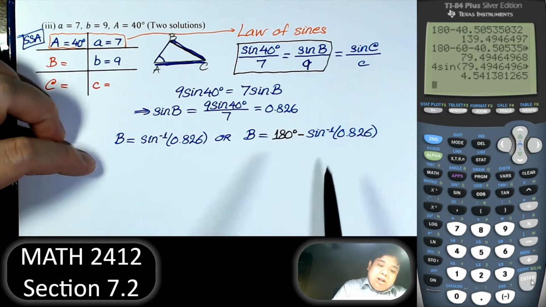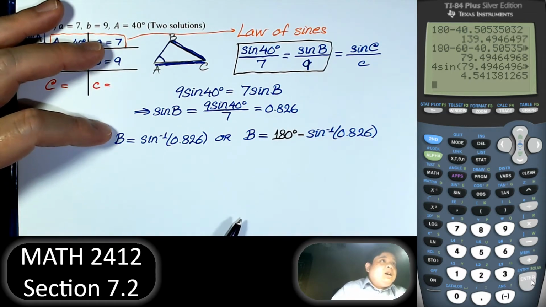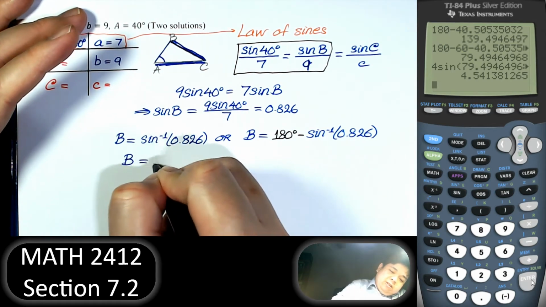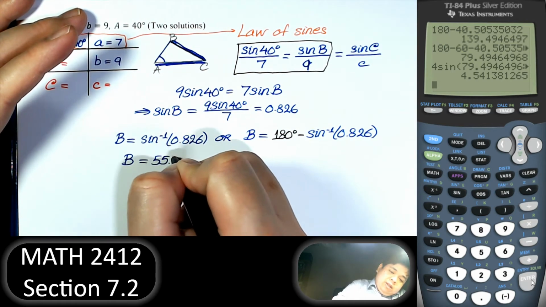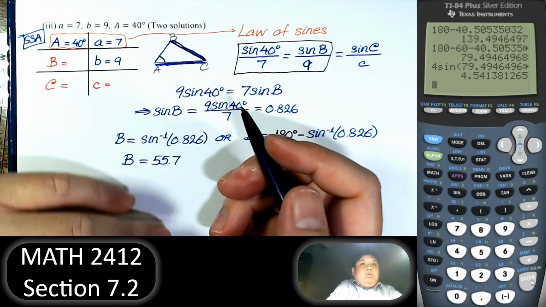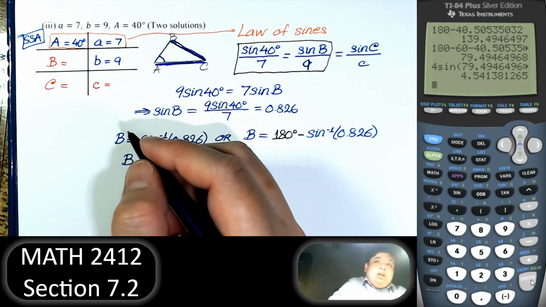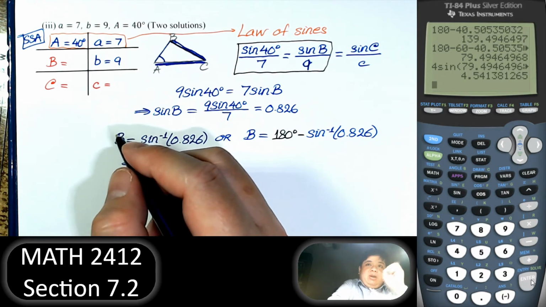Right, so we do that. What is sine inverse of this? It is still in degree mode, and we have 55.73, 55.7. Even though I only write 1 decimal place, when I do the calculation, I use the whole number in the calculator.